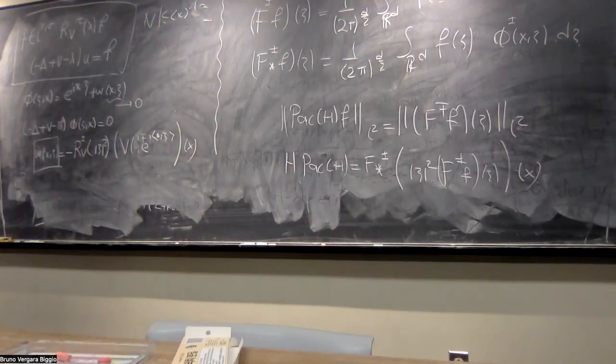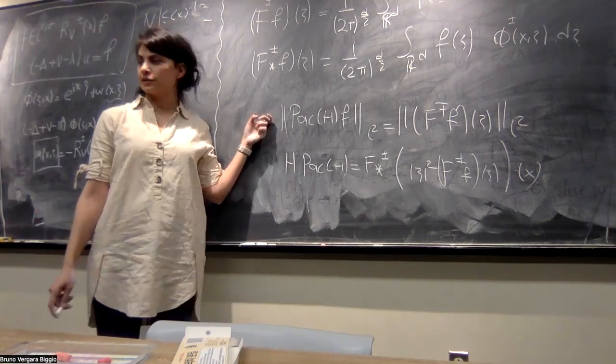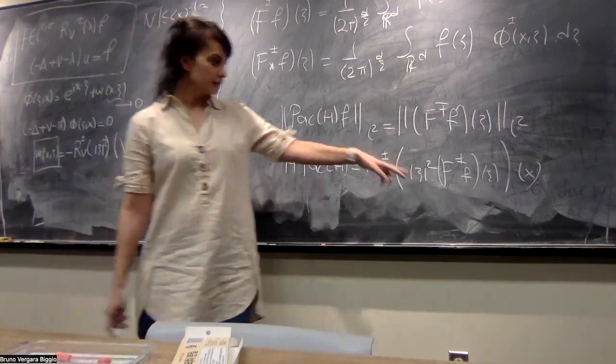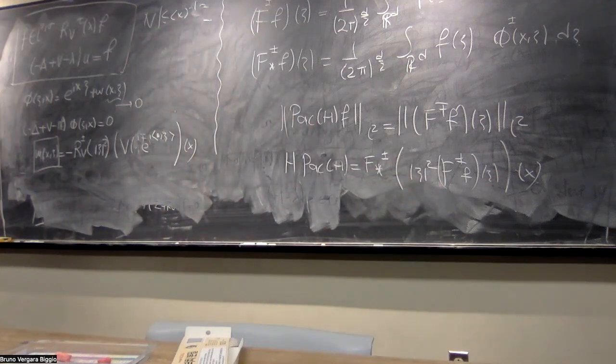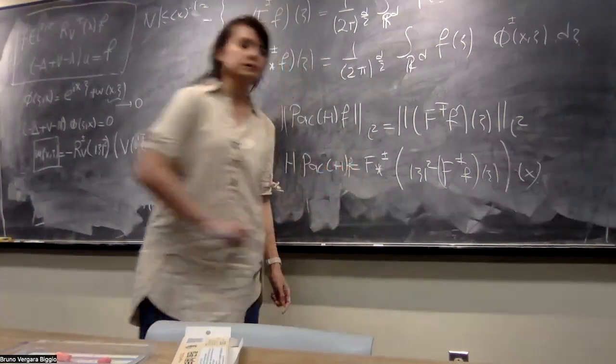Oh, but I see, this is the projection onto the absolutely continuous spectrum of H. Yes, so this is basically almost like a spectral projection on the absolutely continuous spectrum, and this is the fact that it's actually diagonalized. So this operator is being applied to f, right? Oh yeah. Yes.